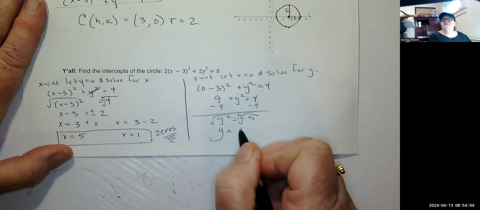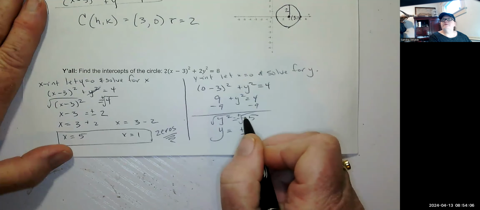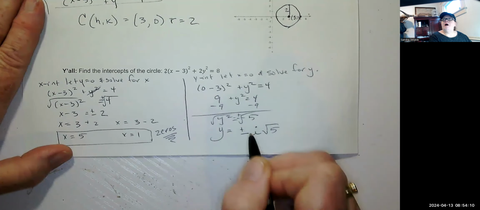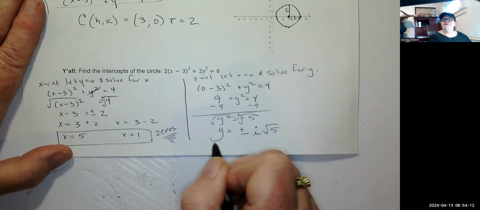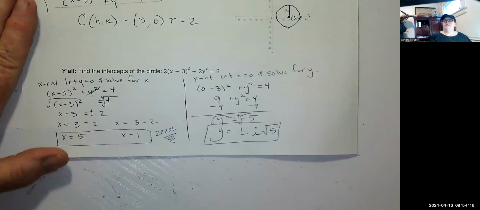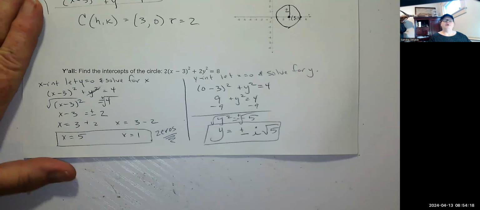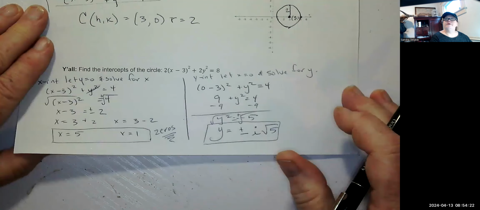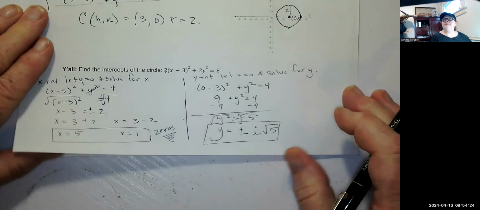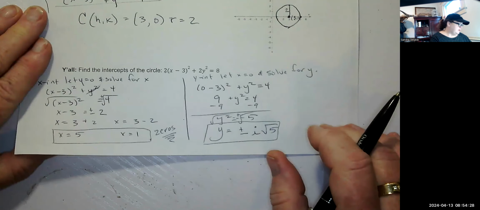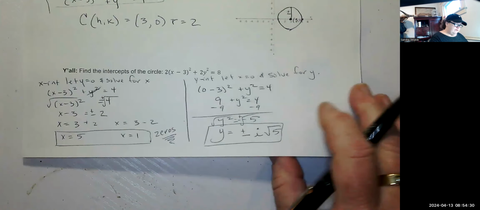Square root of negative 1 is i, and then square root of 5. Please place your i to the left of the square root so that you do not get it confused with being underneath the radical. I saw some of you put that to the right on your quiz. I've asked you, please do not do that. It's just not good practice mathematically. All right, and that is it for that.